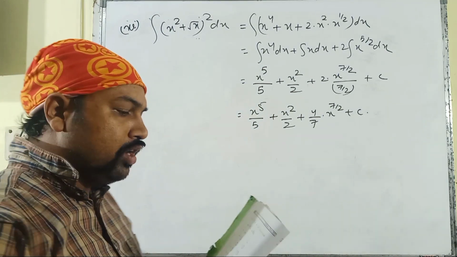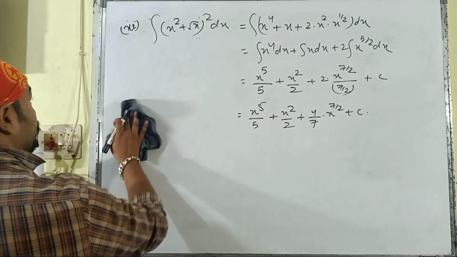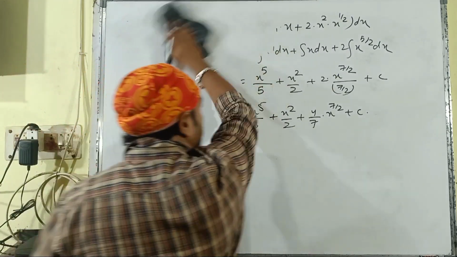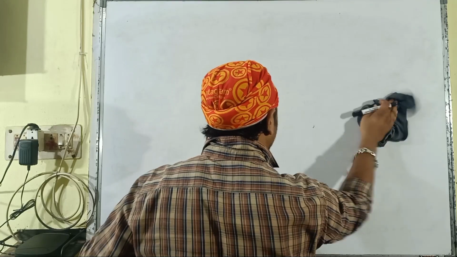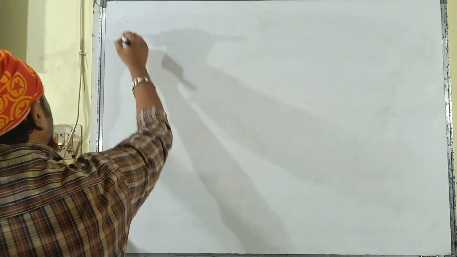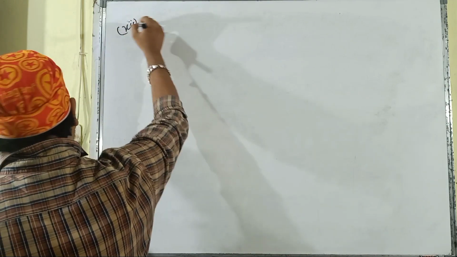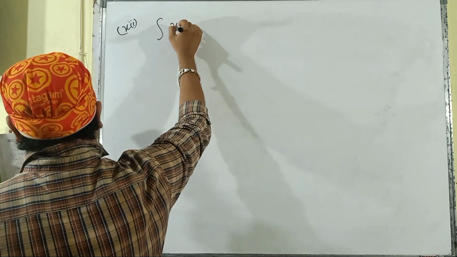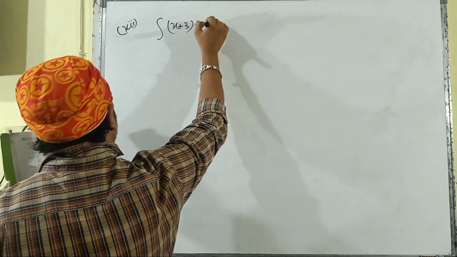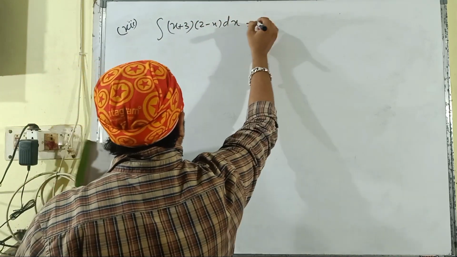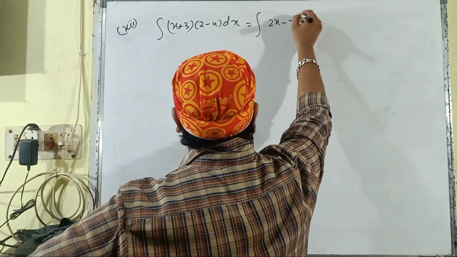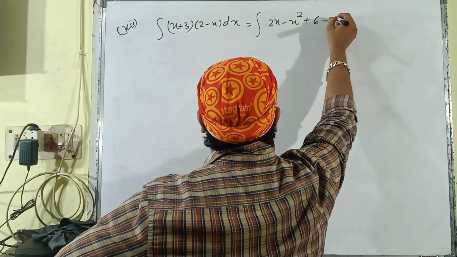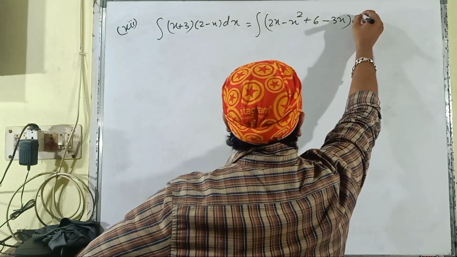Then moving to the 12th part of number 1. Integral of the multiplication of (x + 3) with (2 − x) dx. It will be 2x minus x square plus 6 minus 3x dx.